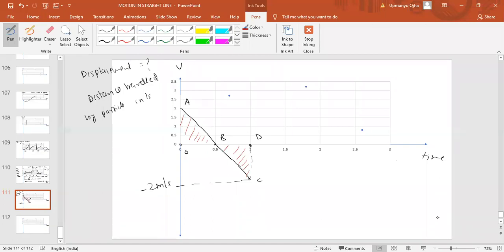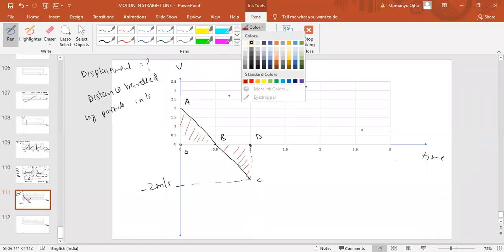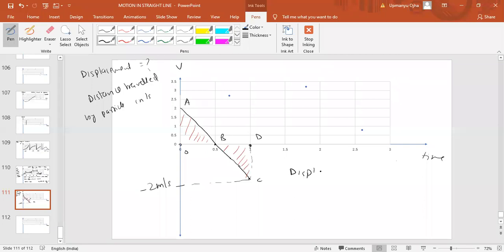Fine. So displacement is equal to what? Area of triangle AOB, that is half into 0.5 into 2, which will come at 0.25 meter. That is displacement of triangle AOB.